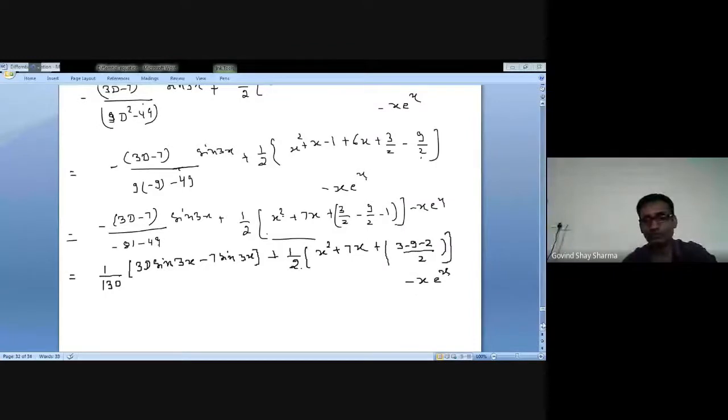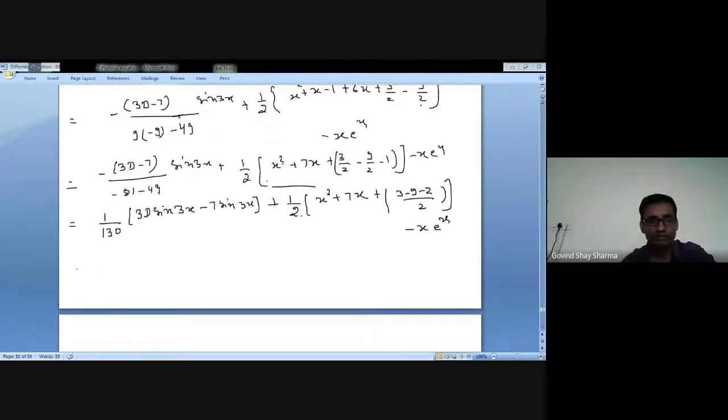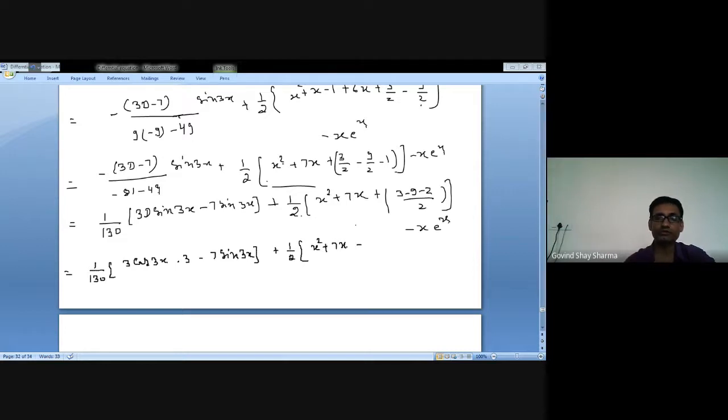Simplify all the terms, it will become 1 upon 130, 3D becomes 3 cos 3x dot 3 minus 7 sin 3x, plus half, minus 4x, plus e to power x.